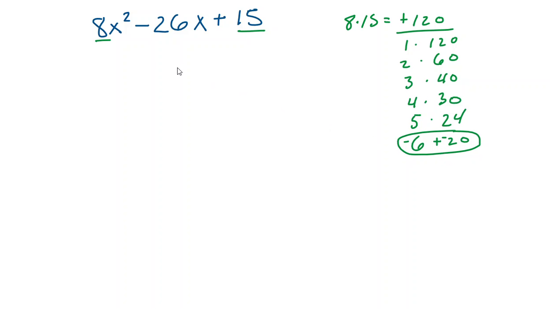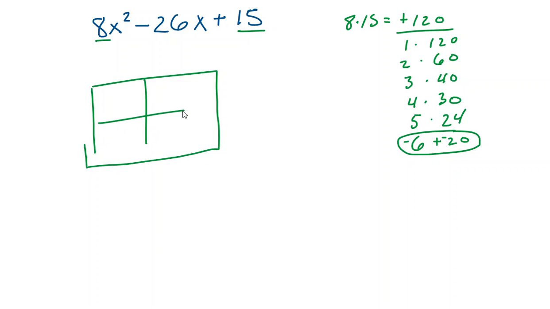Okay, now we're going to plug this into our squares. This is where we have to be a tiny bit careful. Negative 6x, negative 20x. Okay, now watch this. What are the common factors in the first row?